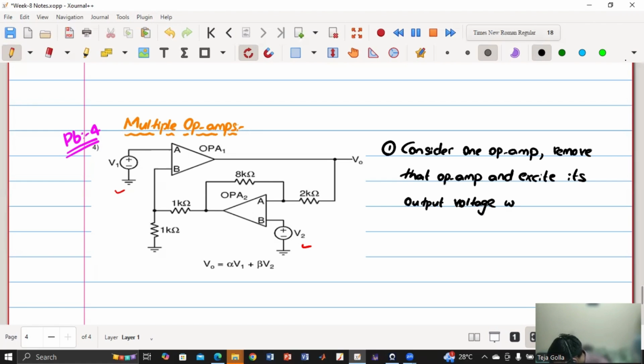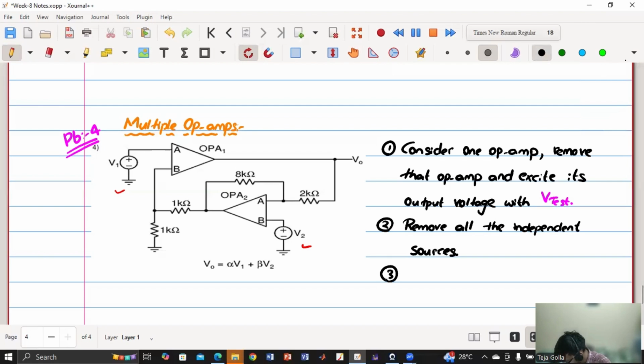The second point is the same: remove all the independent sources. Removing means voltage sources will be shorted and current sources will be opened. It could be a voltage source or a current source.